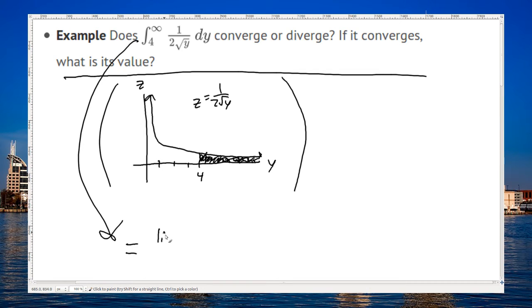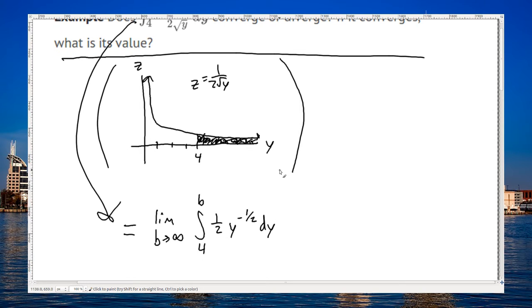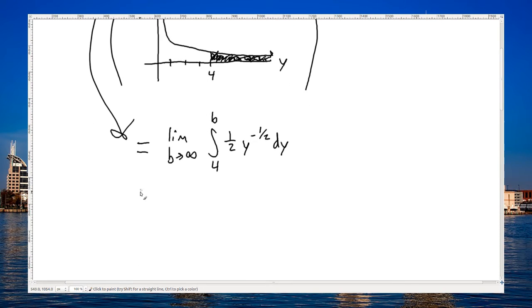and get the limit. It's always the first step is replacing the infinity with the real number b, which will limit to infinity. And I'll write this as 1/2 y to the negative 1/2. All right. And so I'll increase the power by 1.